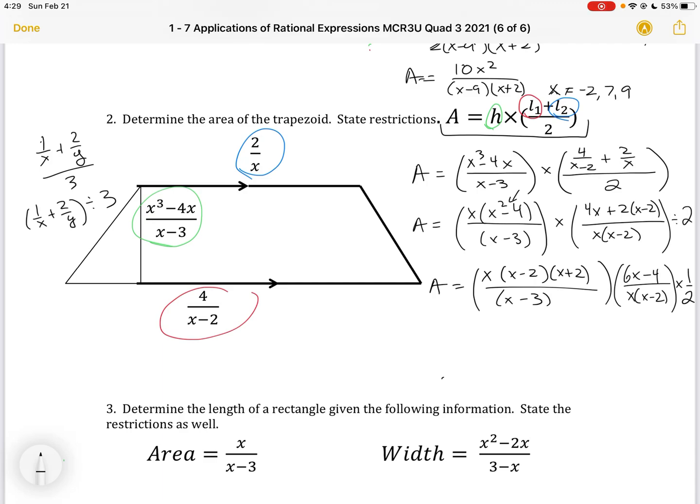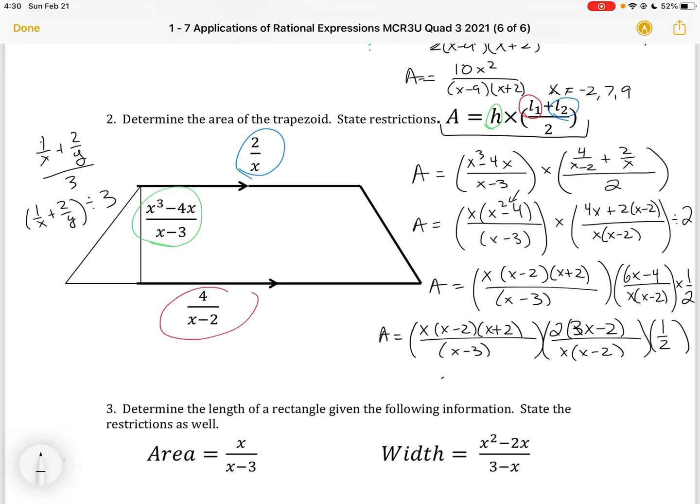So what do I notice? I'm multiplying all the way across. And I'm just going to write it out one more time here because I see one more thing that I can actually factor. So x minus 3, and then I'm going to take out a 2 here as my common factor. So that's going to leave me with 3x minus 2 over x times x minus 2, and then times 1/2.